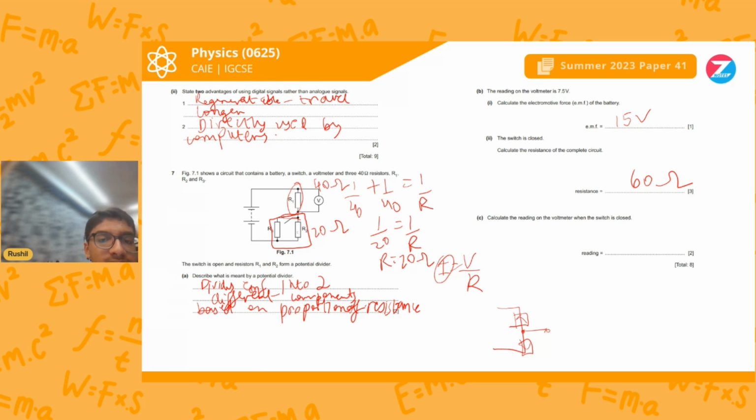As we discussed, voltage and resistance are divided proportionally, so 2/3 of the voltage also has to be given to R1. So that means 2/3 of the total EMF, which is 15 volts, which is 10 volts. This one will be given 5 volts since it has half the resistance of R1. That's why R1 is given 10 volts of potential difference.